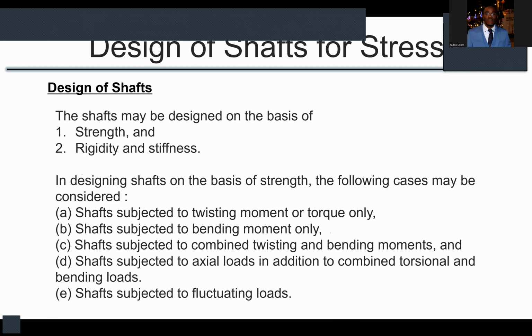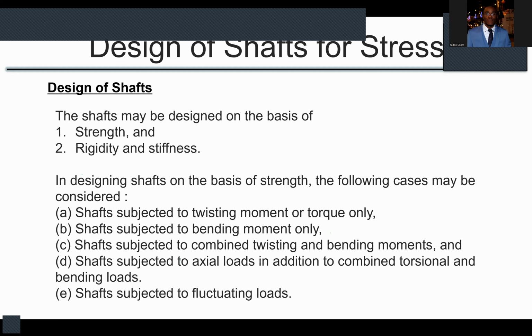The only available force here is twisting moment or torque, the one that is causing the shaft to rotate. So we reduce the case of a transmission to where the only force available is the torque, the force that is causing the shaft to turn. No weights, no bending moments, no axial loads.